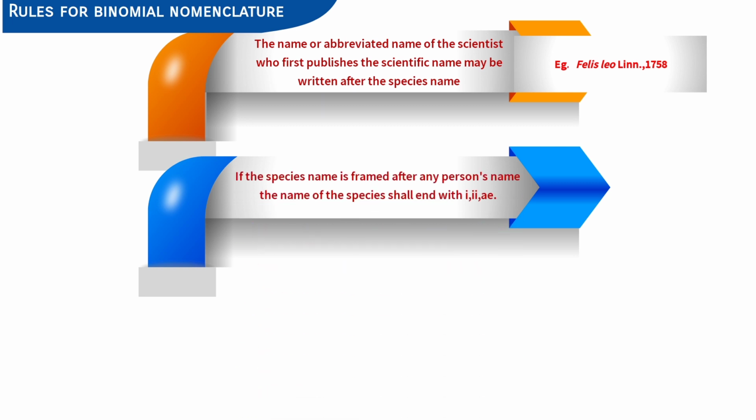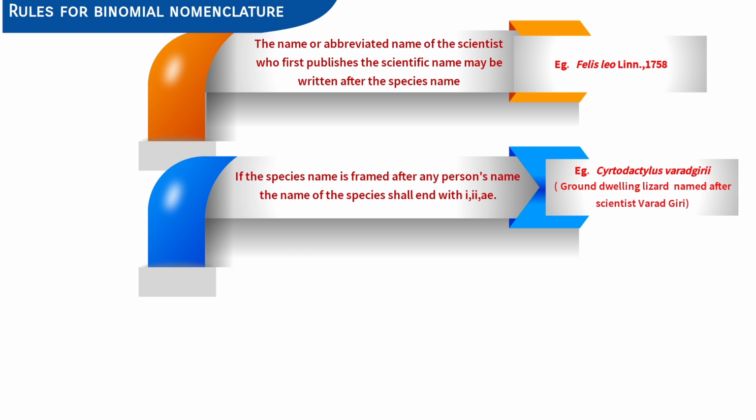And then, if the species name is framed after any person's name, the name of the species shall end with i, double i, or ae. So if a particular organism is named after some person, it may have been given in remembrance of that person, or the one who discovered it may have given his name to that organism. For example, Cryptodactylus varadgiri.